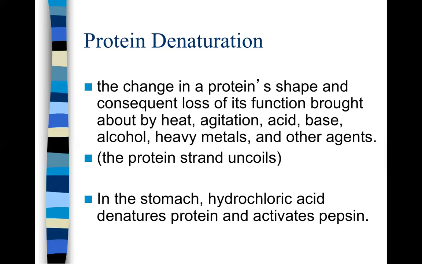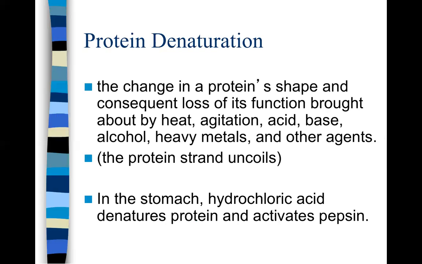Also, things like the whipping of cream to turn into butter, or the whipping of cream to turn into whipped cream. That changes the protein shape of those molecules. In our stomach, we have hydrochloric acid, and this can also denature proteins so that we can break them down.